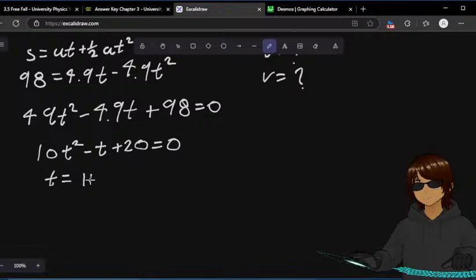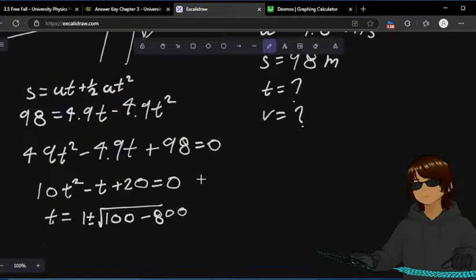Minus b plus minus square root of b squared minus 4ac, minus 4 times a is 40 times c, 800. But this shouldn't be possible. I'm making a mistake somewhere.